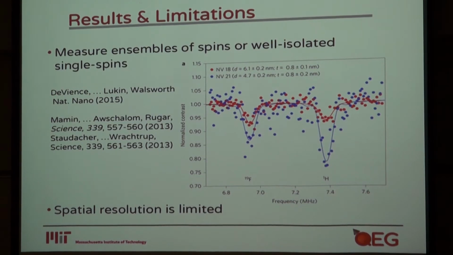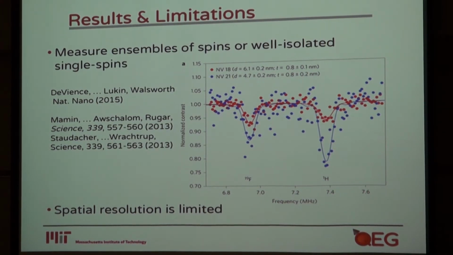This is a very nice result, and they show that you can really measure external spin outside the NV center. But of course, they're not precise enough. So here I have a large ensemble and very wide line width. So the spatial resolution in this type of scheme is quite limited.